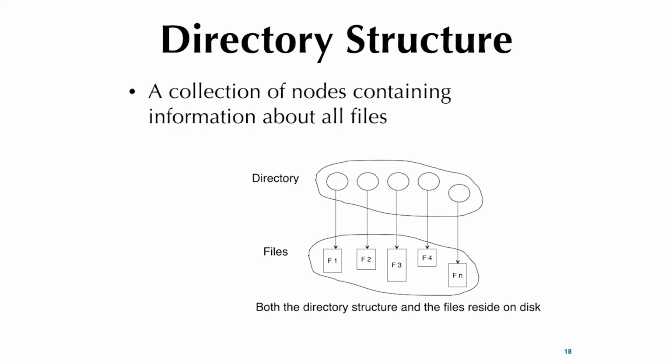Files may reside in different places, and in fact, different directories may reference the same set of files or different files. Okay, and the thing to remember is that the directory structure and file structure both need to be saved on disk, so that once you power off and reboot, that structure can be read back from the file system.